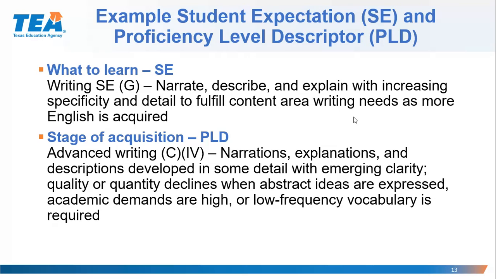Examples of student expectations and the proficiency level descriptors: this slide shows the relationship between the student expectations and the PLDs. The student expectations are designed to be effectively integrated into content area instruction by any content area teacher. They do not require a particular specialization in second language acquisition.